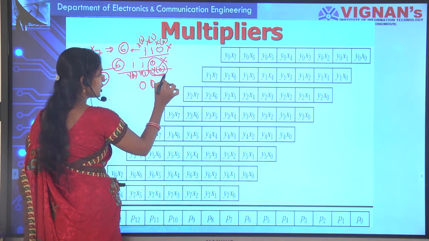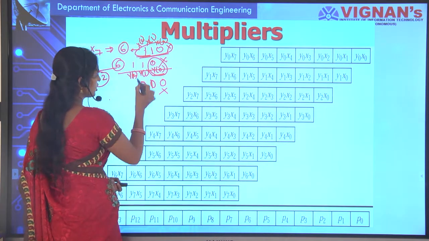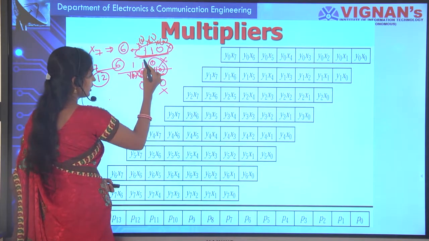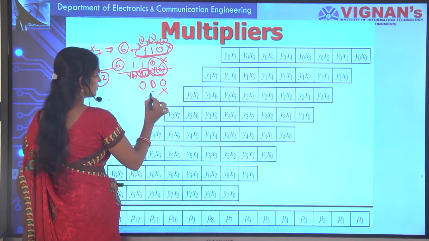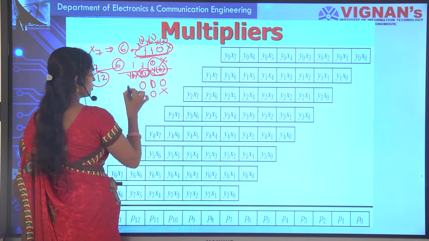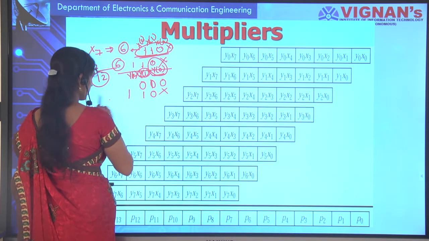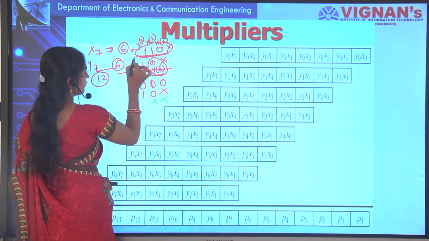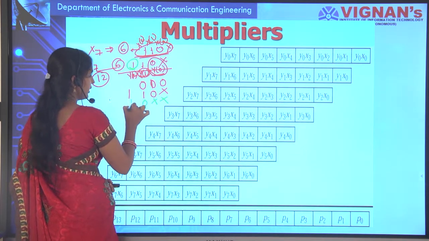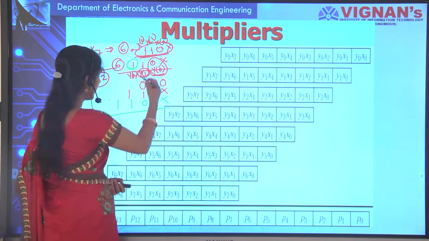Again next, Y of 1 is multiplied with the whole X term, that is 1 into 0 is 0, 1 into 1 is 1, 1 into 1 is 1. Similarly, again 1 is multiplied with the whole term, that is 1 into 0 is 0, 1 into 1 is 1, 1 into 1 is 1. Then you will be adding up, right?